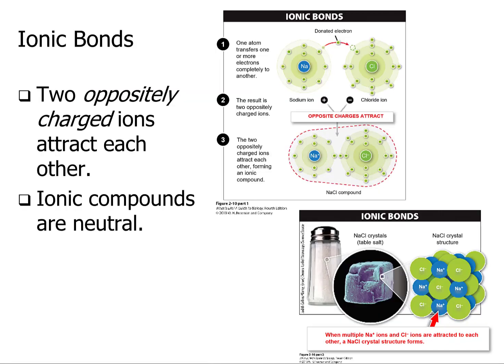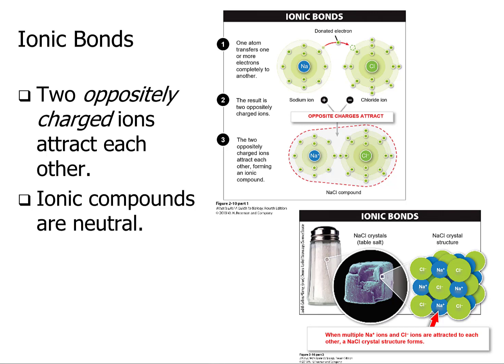Now, in ionic bonds, what's really interesting, the first thing I want you to observe, is the chloride atom has all the valence electrons except one. So in theory, it would be a lot easier just to add one more than to interact and do a covalent bond, which it could do.